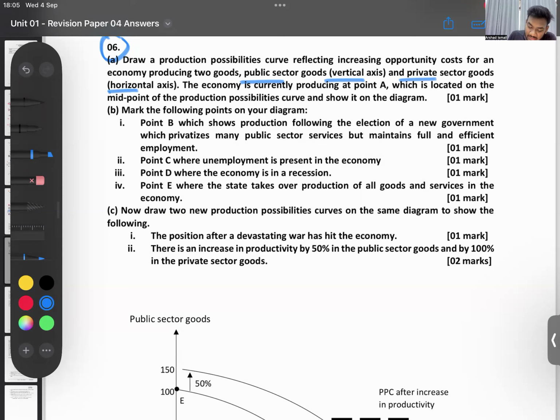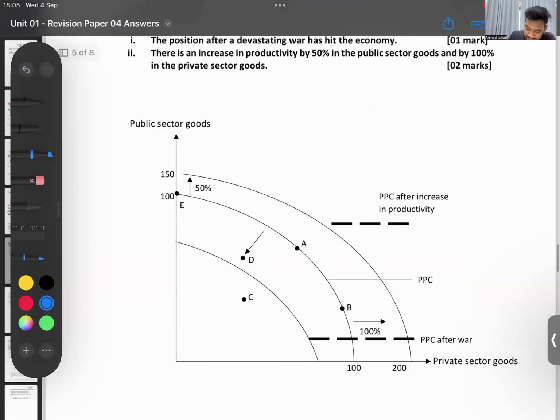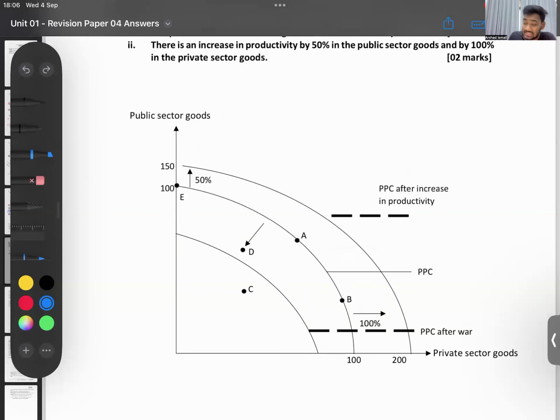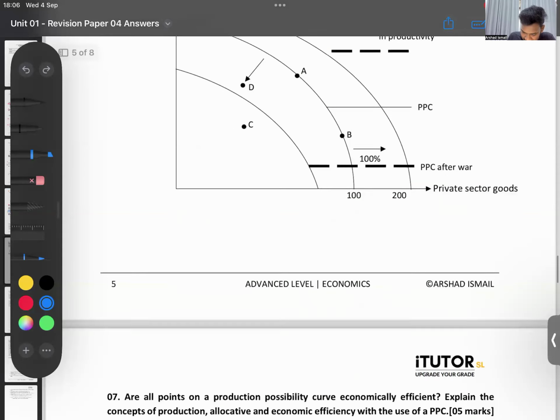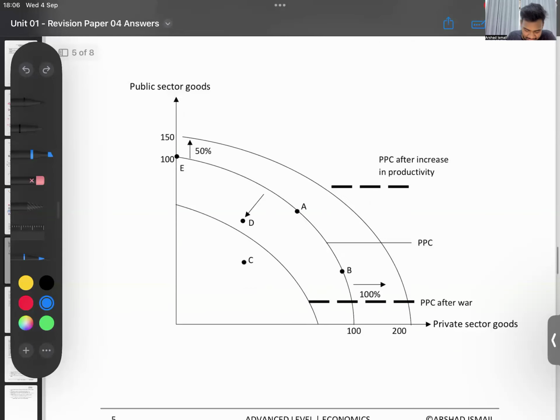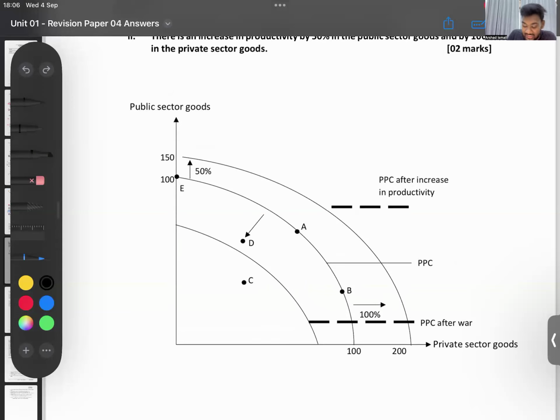The economy is currently producing at point A, which is located on the midpoint on the PPC, and show this on the diagram. So the first thing that you have to do is draw this PPC, right? Okay, so this is the initial PPC, increasing opportunity cost.